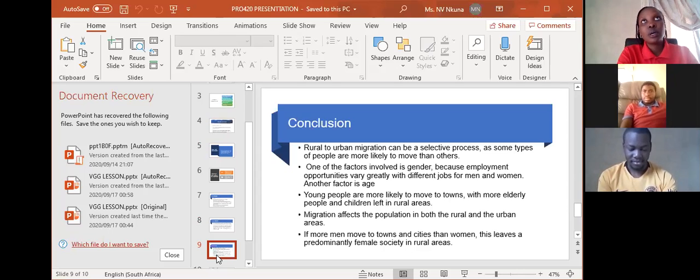Examples include better educational facilities, better standard of living, better houses, and better social life in general.